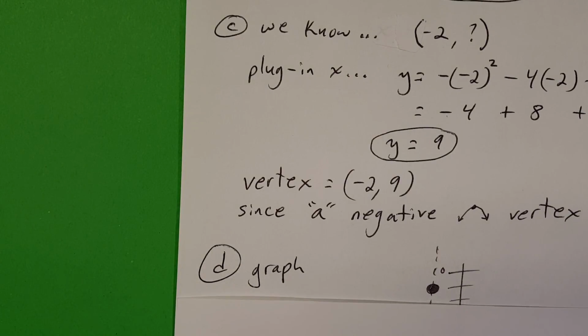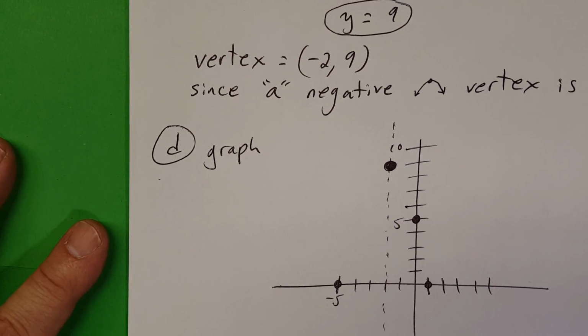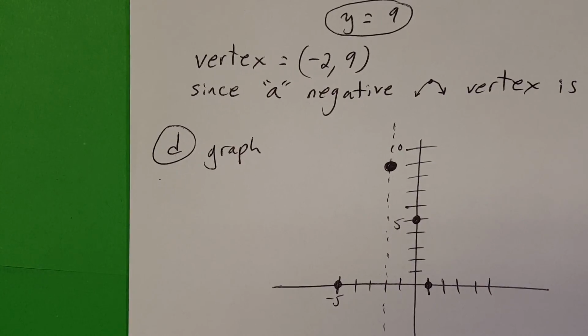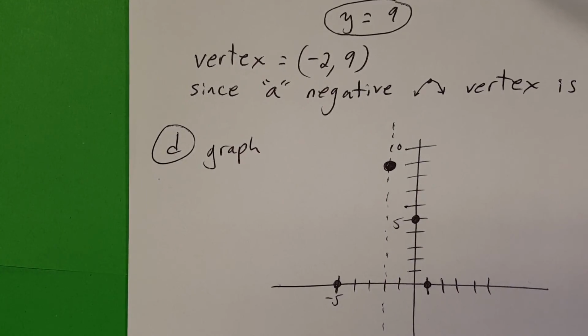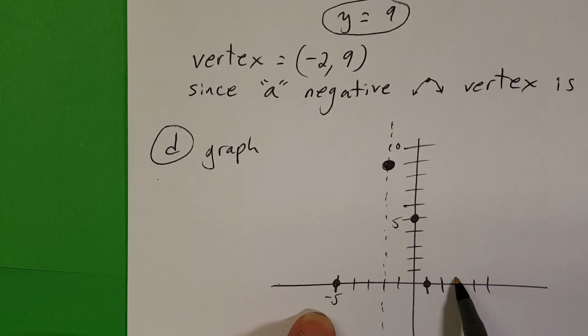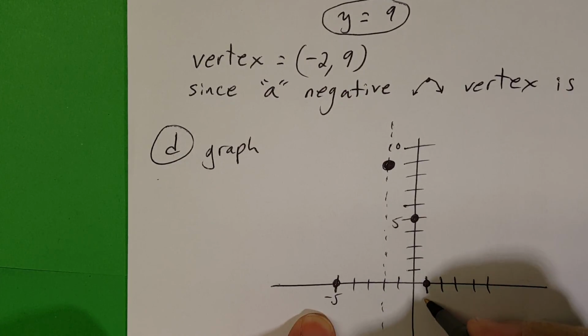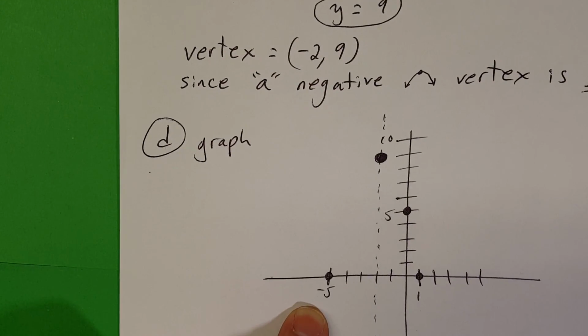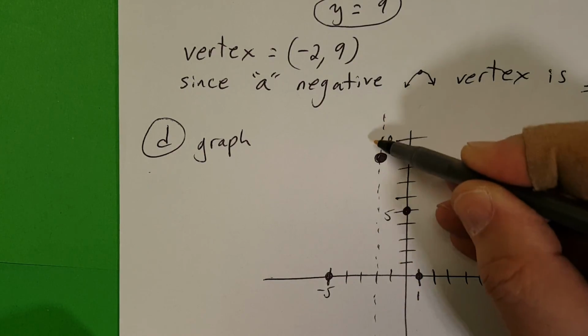Okay, so for the graph part, here's what I want you to do. Put in all the information that we previously found. Did we not find out that the x-intercepts were -5 and 1? Yes, we did. Did we not find in part B that the symmetry line, the mirror line, is at -2?